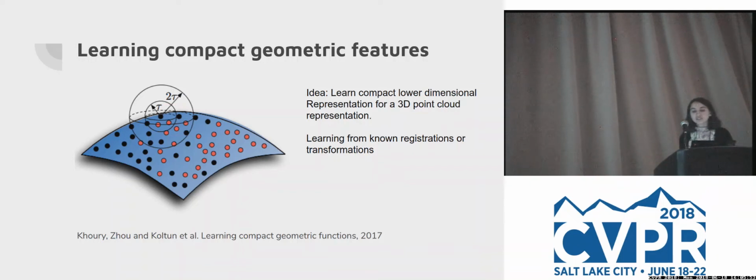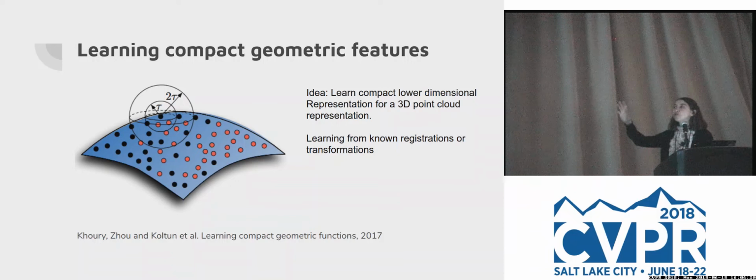What they did is they used some training data in which the registration between the point clouds is known. You can obtain this data artificially, for example by taking a point cloud and rotating it, translating it, maybe perturbing it, adding some noise, and so on. Then you use this to sample features and learn better embeddings.